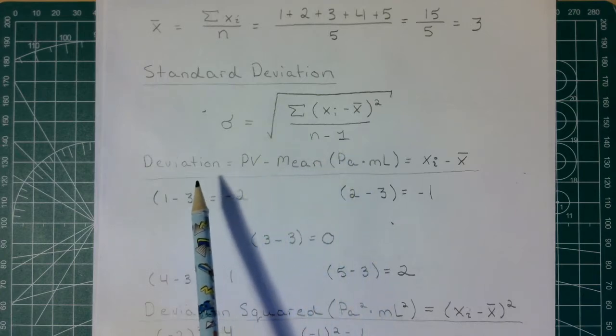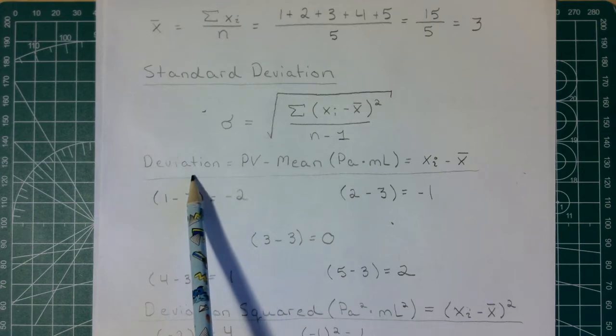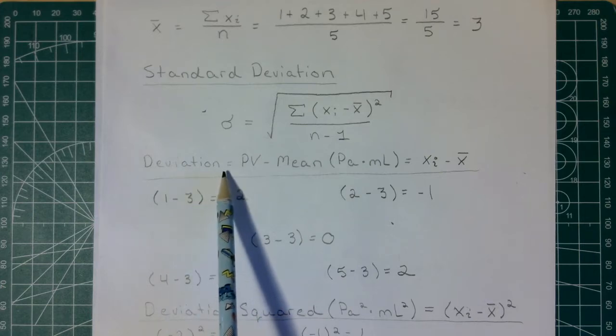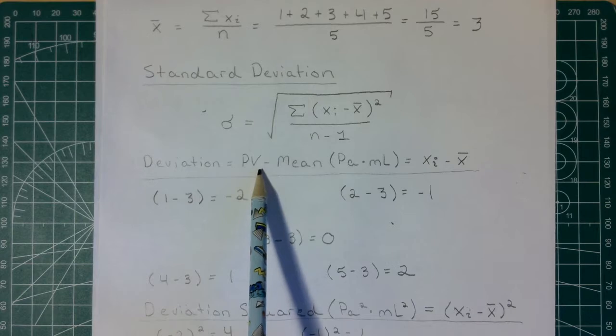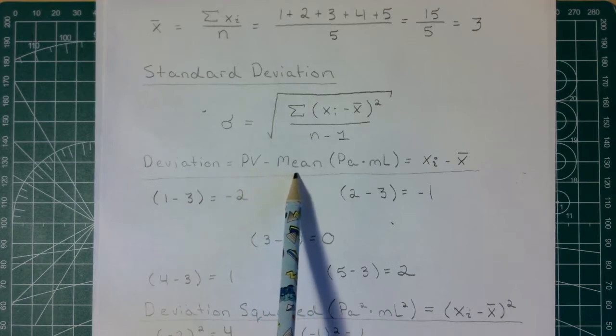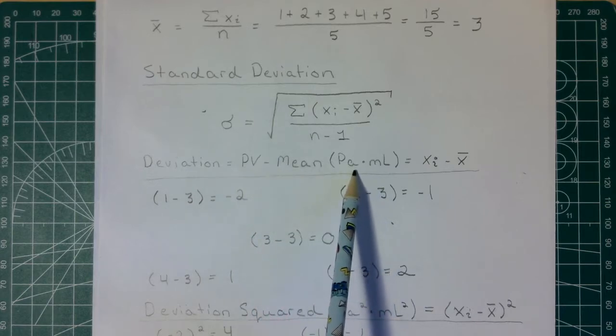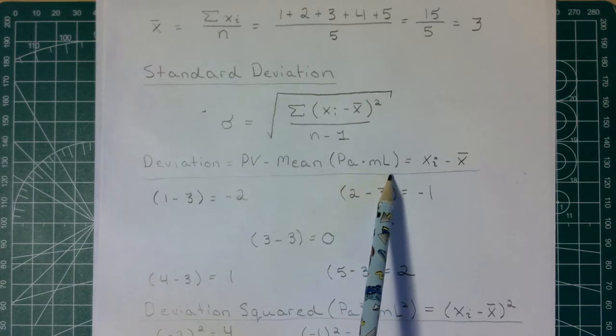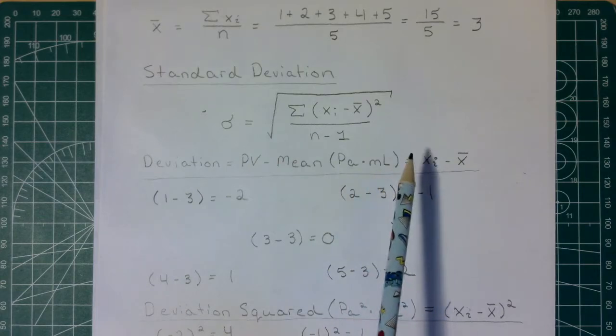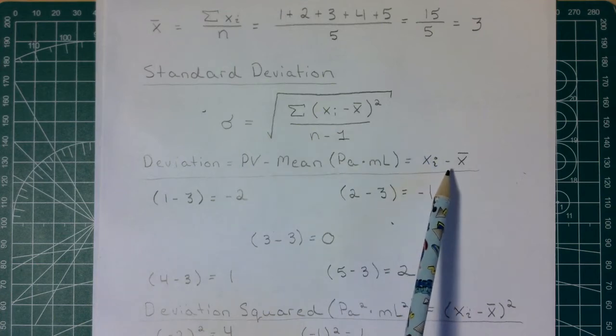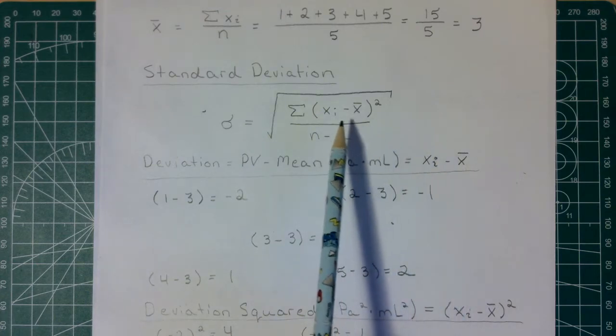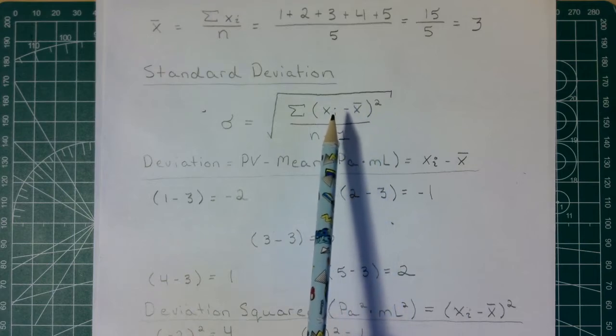So the first thing we're going to do is calculate something they call the deviation. And you see that they say it equals PV minus the mean, and it has units of pascals times milliliters. And in our notation up here, this is essentially xi minus x bar. It's just this little piece right here, okay?